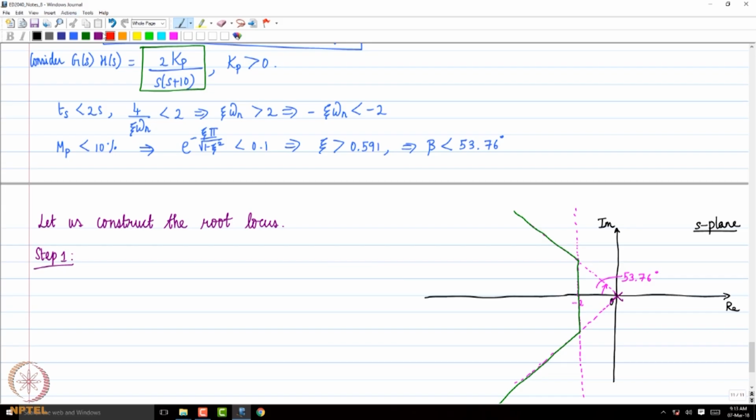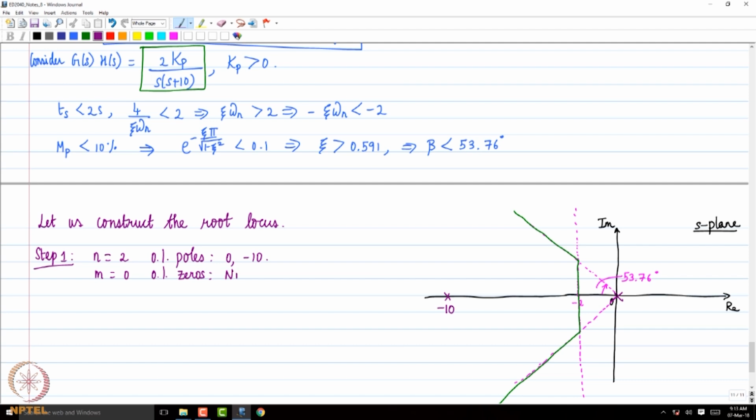Let us say I mark minus 10 here. Consequently the value of n is 2, the value of m is 0. There are two open loop poles at 0 and minus 10. There are no open loop zeros, right?